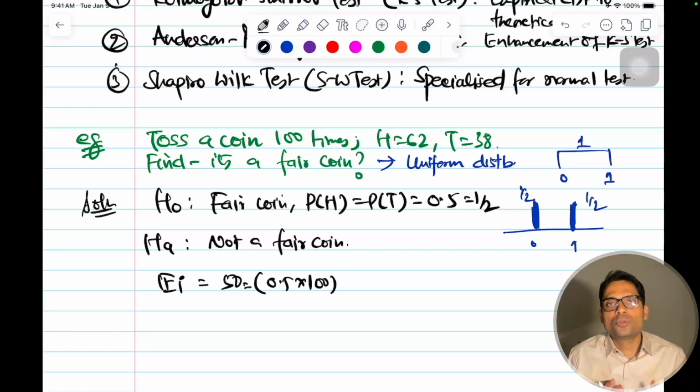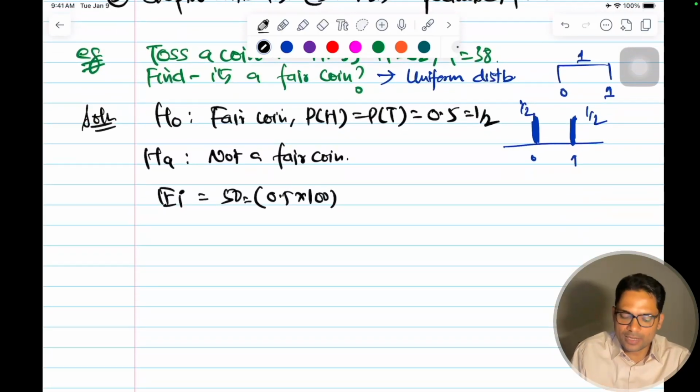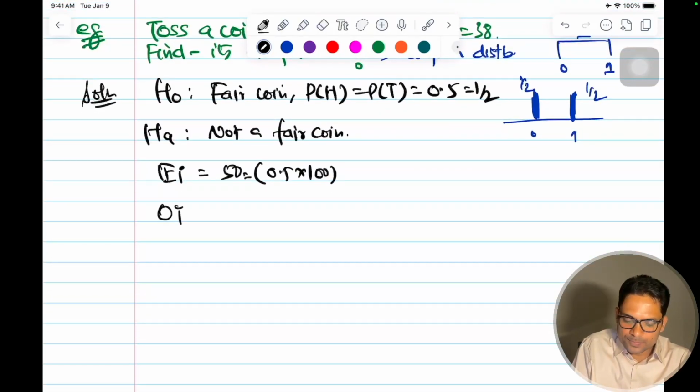Half of the times should be heads if it's a fair coin. That's the expectation I have, because that's my null hypothesis. But what is the observed? Observed heads is 62 and observed tails is 38; these are the two categories.